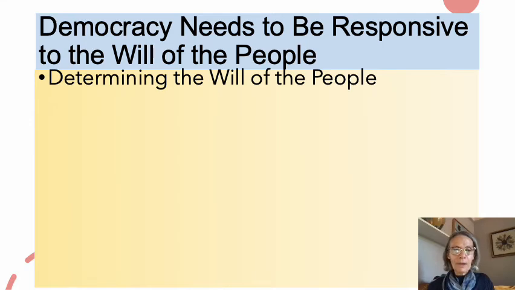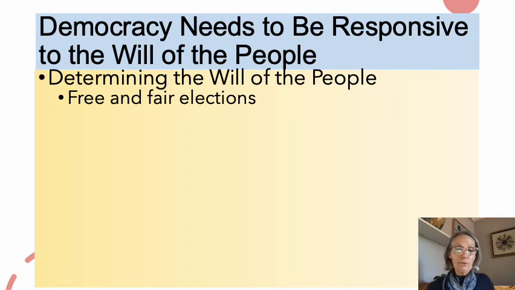And so it's important that we have an accurate system for determining the will of the people, that elections need to be free and fair. Obviously, you need to have election integrity, because if you can't trust elections and you think they're fraudulent, then people aren't going to participate in elections.